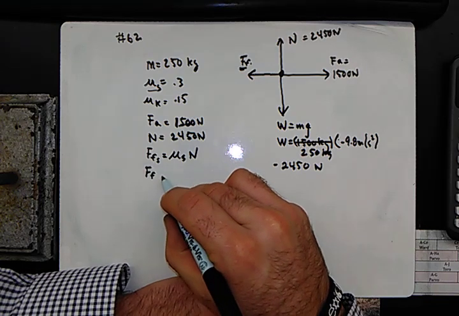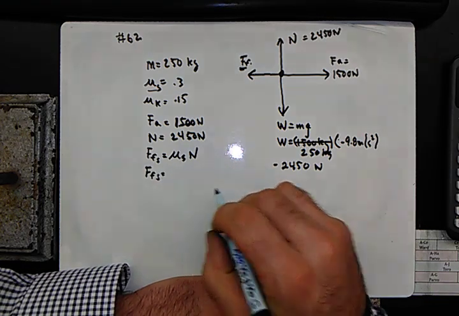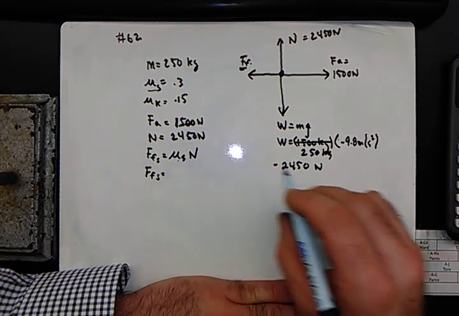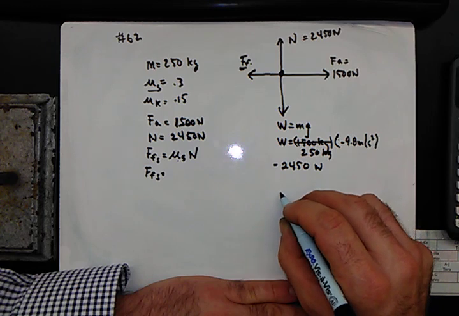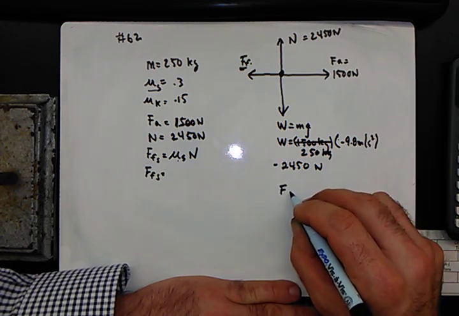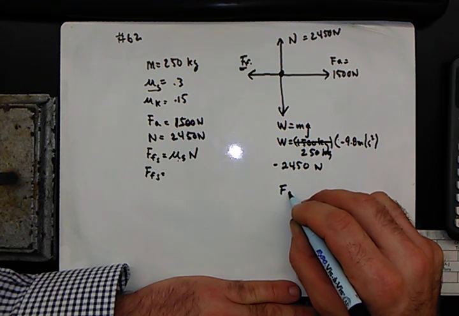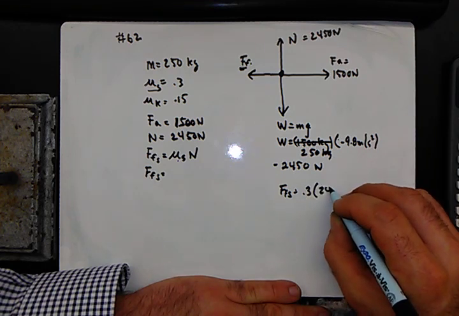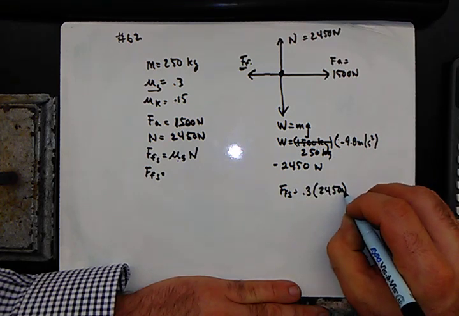So the force of friction, static, is equal to, let's figure it out. The static mu value is 0.3, so force of friction static is 0.3 times 2450 newtons.